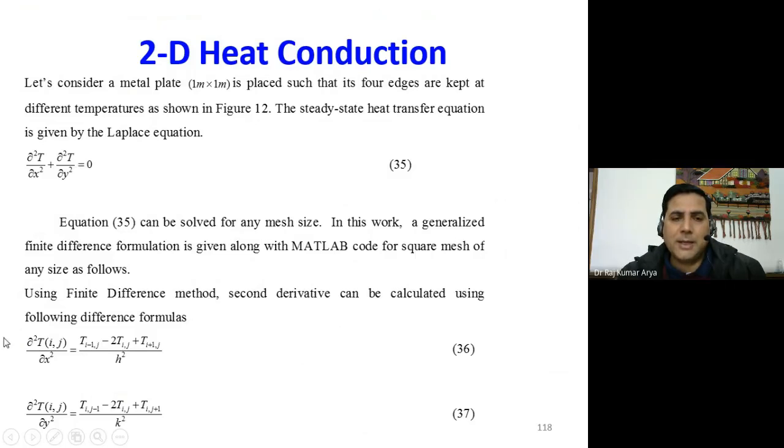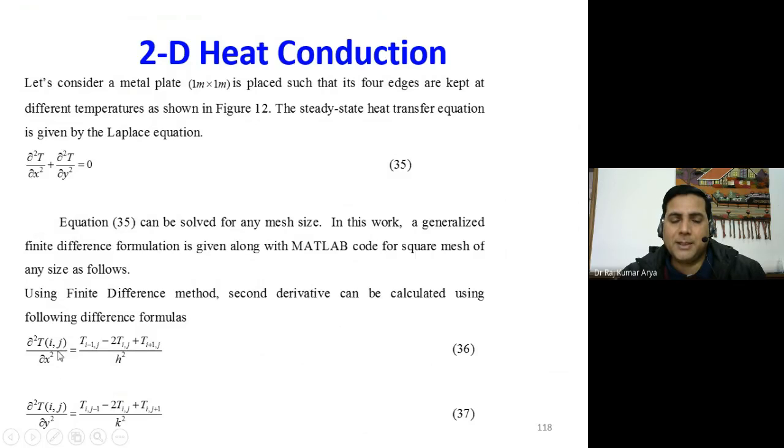You already know the expression of the second derivative in terms of the central difference formulation. So this is what you write for del square T upon del x square. Because here you have two variables, one for x, one for y, let's say x is considered as i and y is considered as j.